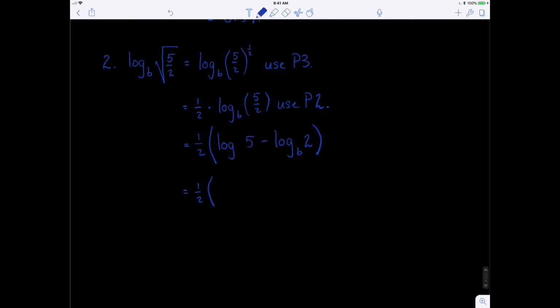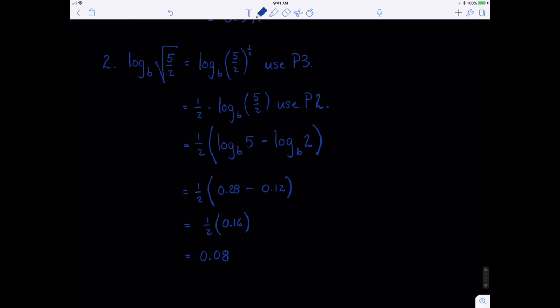That should be a b right there. But we know the log base b of 5 is 0.28 minus the log base b of 2, which we said is 0.12. So we clean this up, we have 1/2 times 0.28 minus 0.12, which is 0.16. Half of that is going to be 0.08. There's our second example.